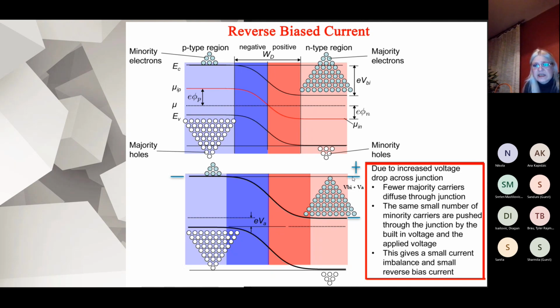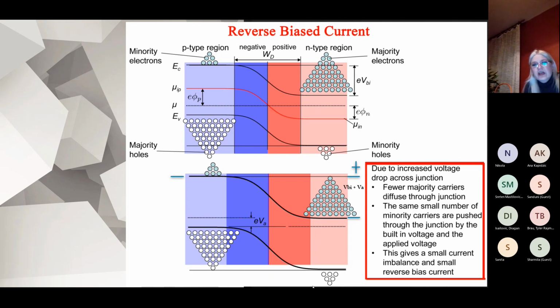So this gap, or this part here, will be much higher than here, because now we apply negative voltage, and here we're going to have a smaller number of available electrons, so the current due to diffusion, or due to the concentration gradient, will be practically much smaller, and dominant will be the drift field current from the minority species.